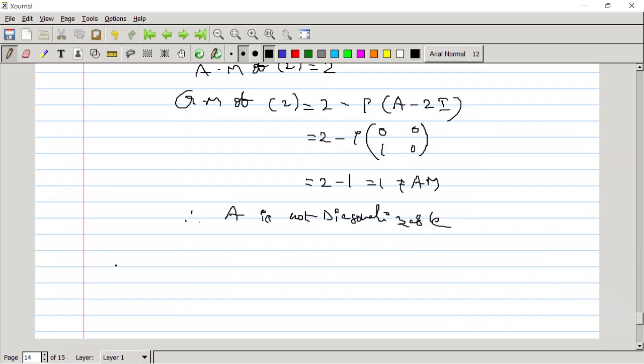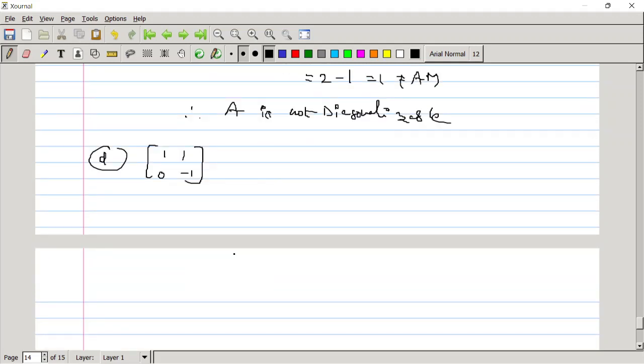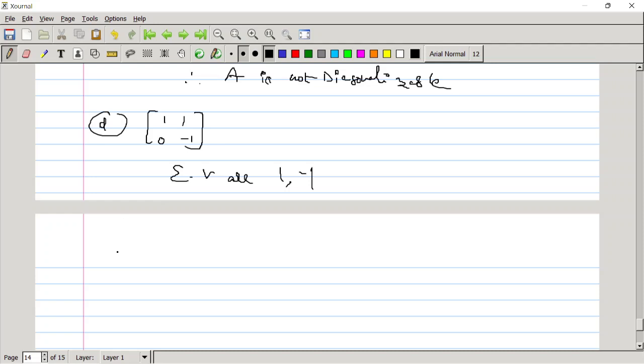So for the fourth option, the given matrix is 1 1, 0 minus 1. Here the eigenvalues are 1 comma minus 1, and the algebraic multiplicity corresponding to each eigenvalue is 1.